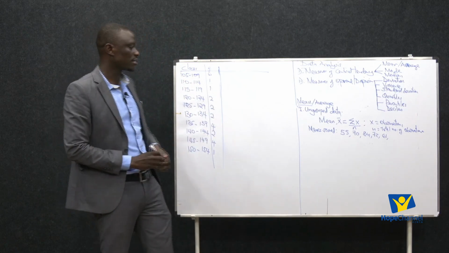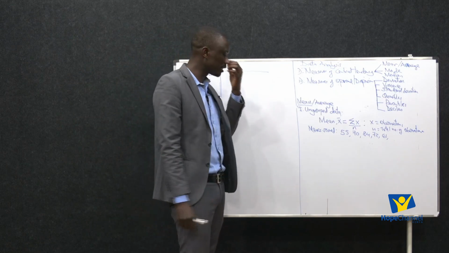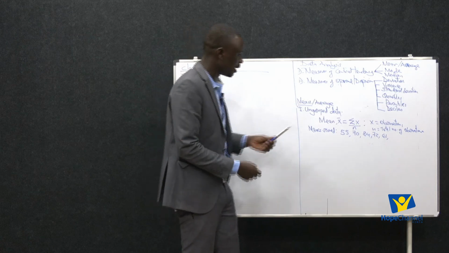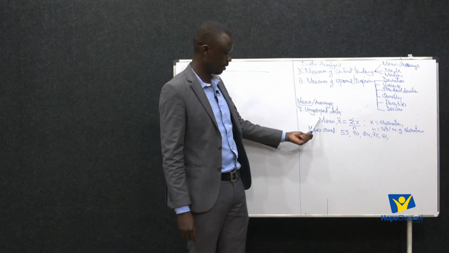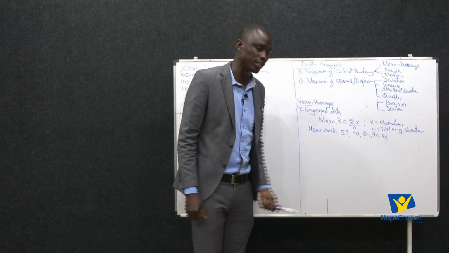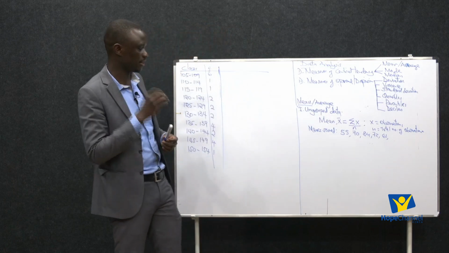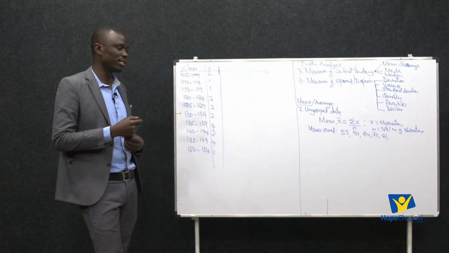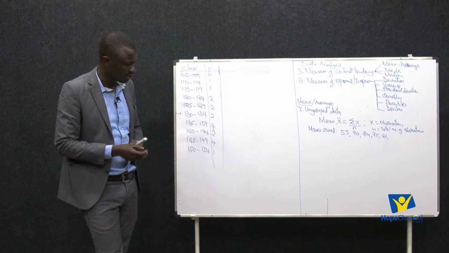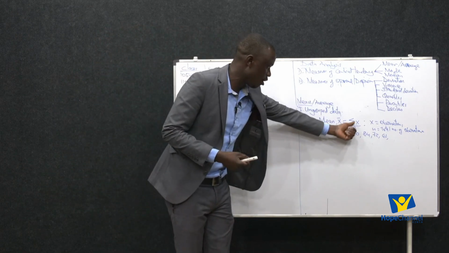Then you are asked what is the mean score of the student in that particular class. Now we say mean is given by the sum of all the observations. So working out this problem is very easy. Mean: add all the observations.